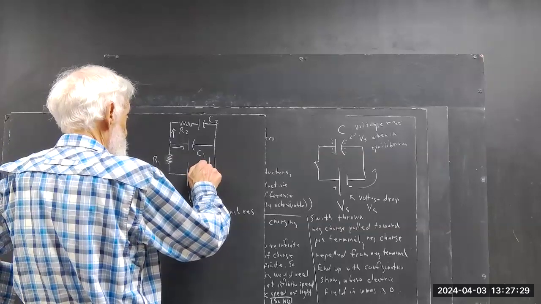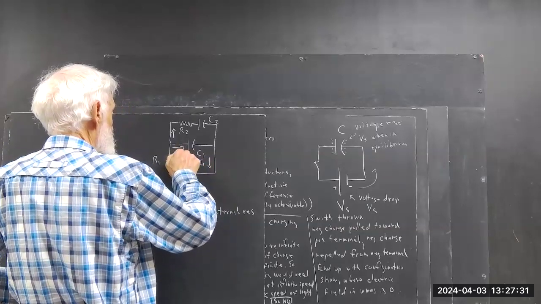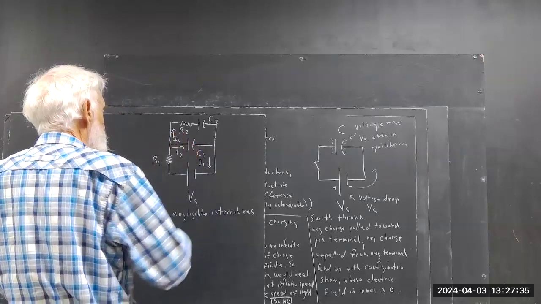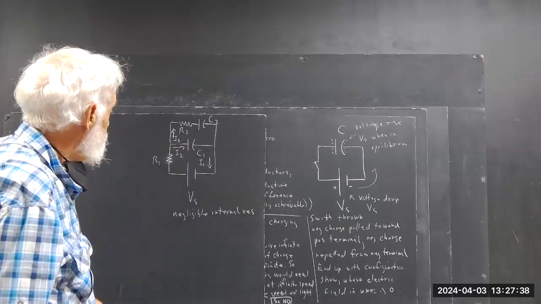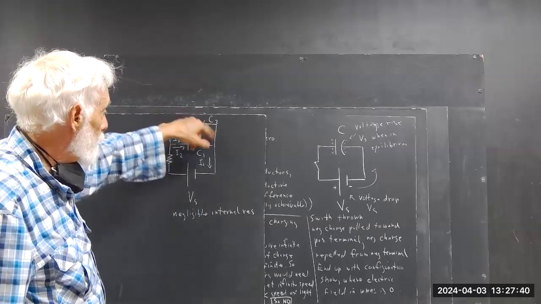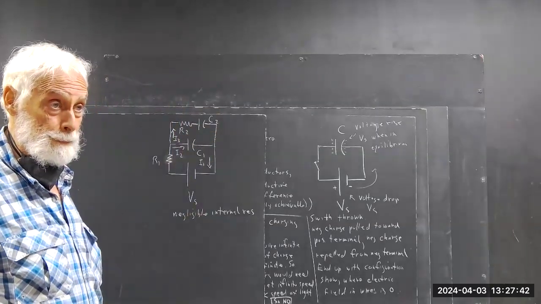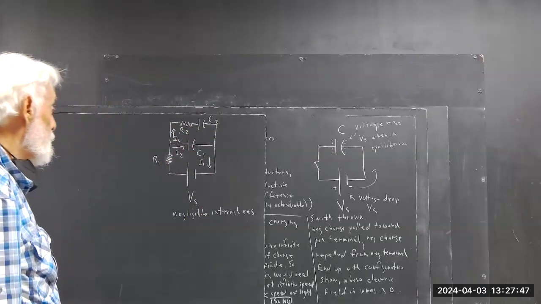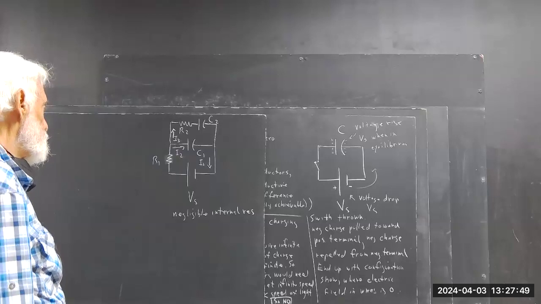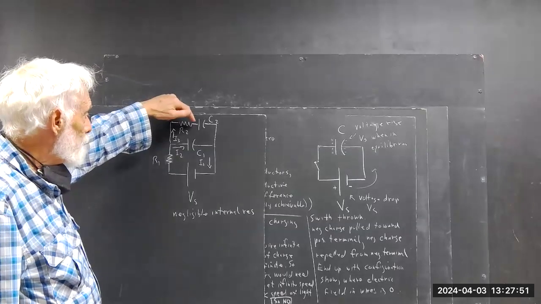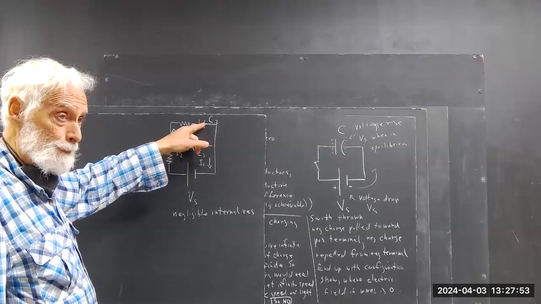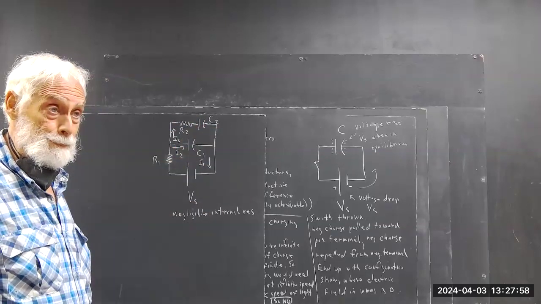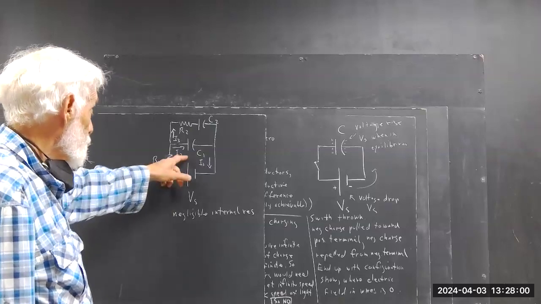So you got I1, I2, I3. Now I3 is the same from here to here because again there's no branch. Whatever's being deposited here is being pulled off of this one, so the current on both sides has to be the same.